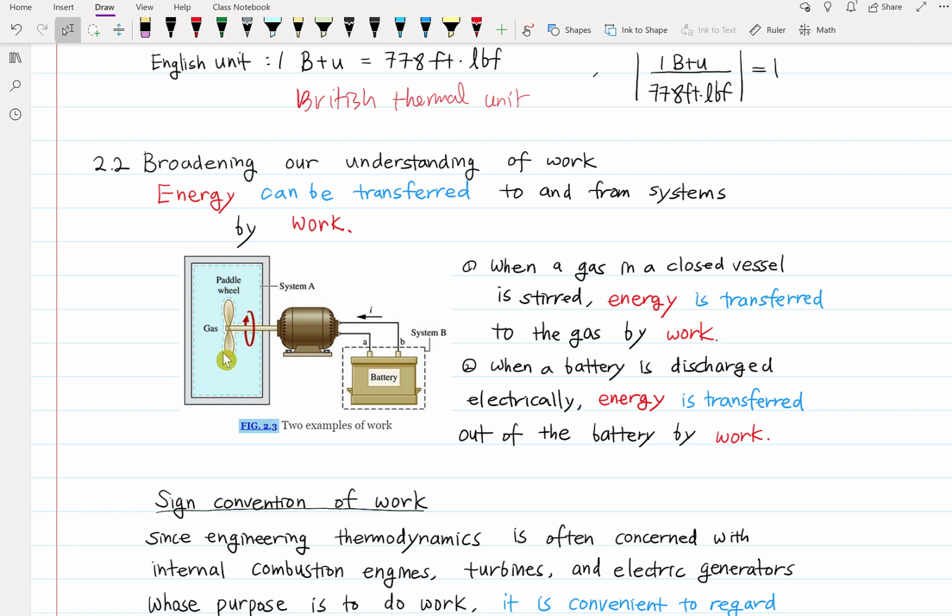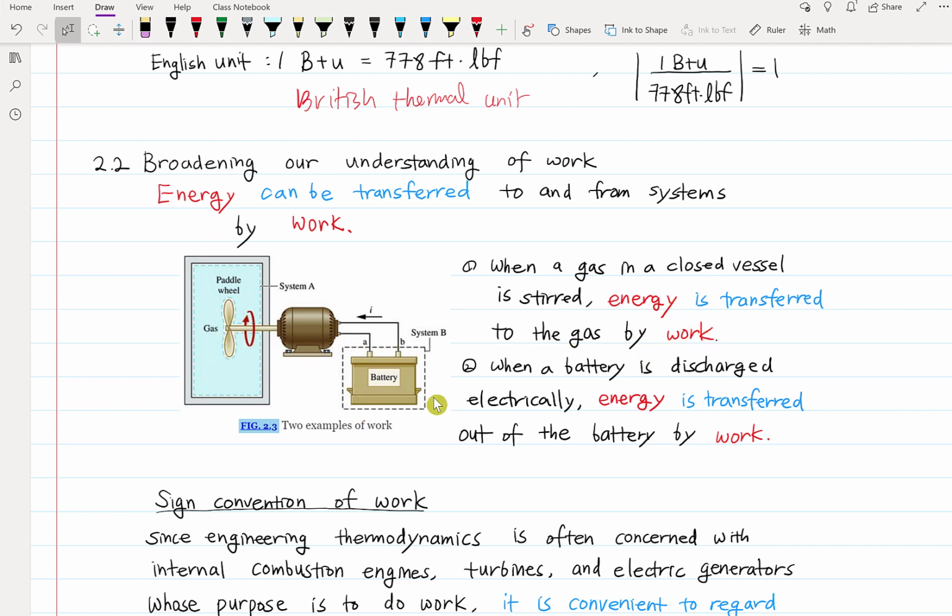A paddle wheel is connected to the system. Here's a motor, and the motor rotates the paddle wheel. So it provides work to the system. The gas in the tank is stirred, so energy is transferred to the gas by work.